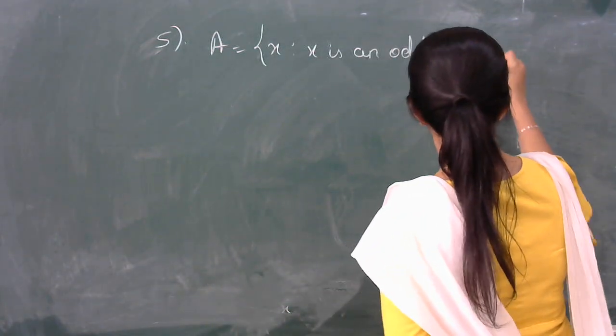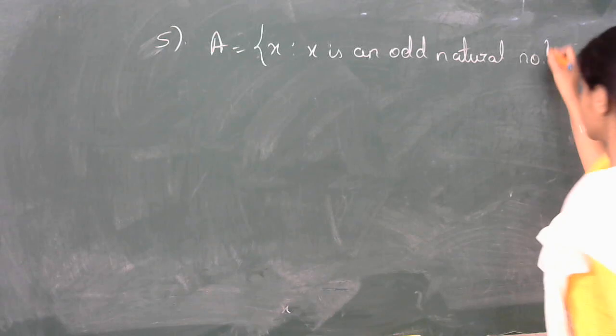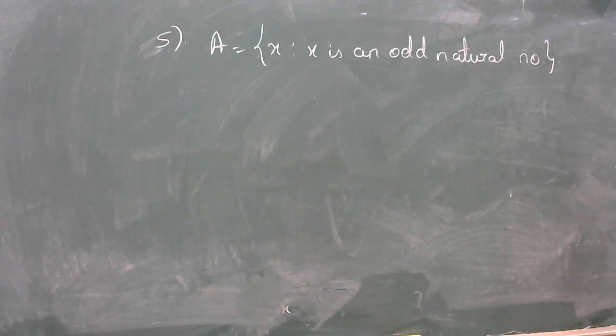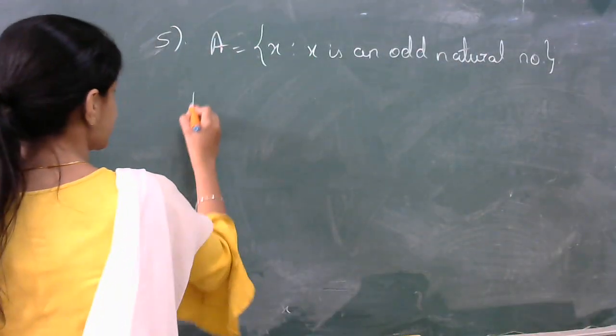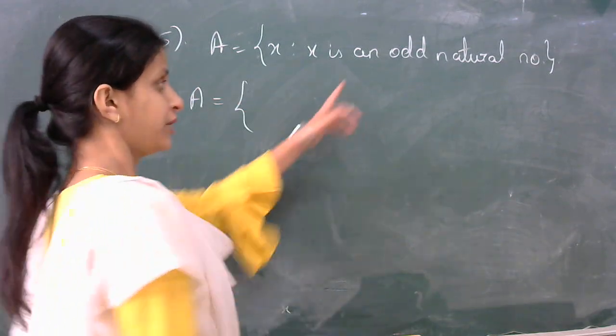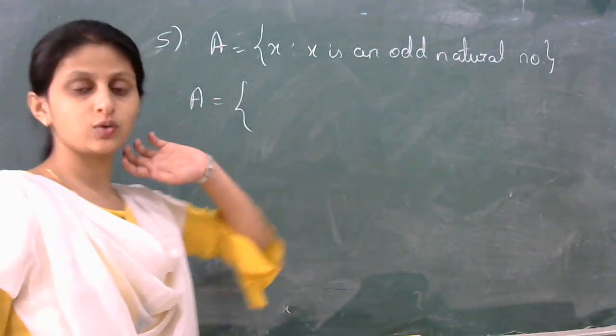So we have to list all the elements of this set. You can observe, students, this is in set builder form. We have to write it in roster form. So x consists of all the elements where x is an odd number and it should be a natural number. So what is the set?